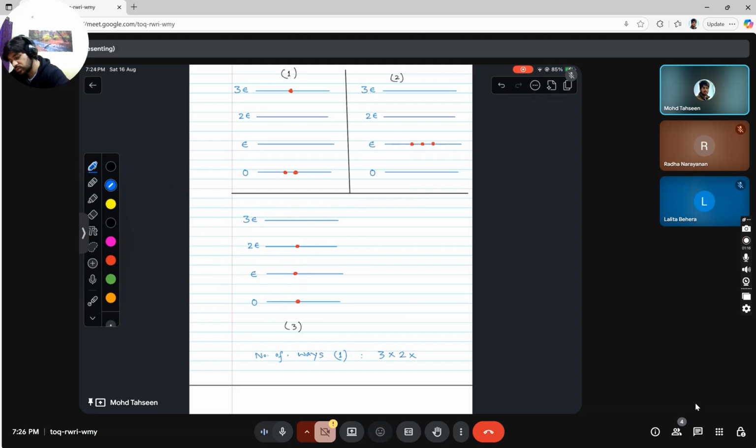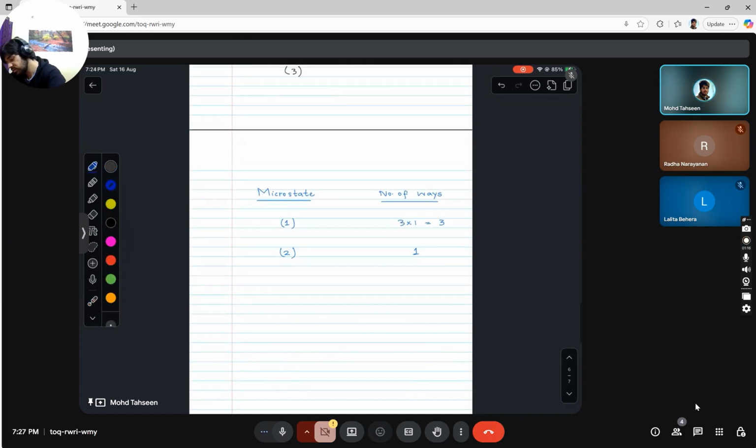So 3 times 2 times 1, that is 6. So there are 6 ways to construct microstate 3. It can be constructed in 6 different ways.